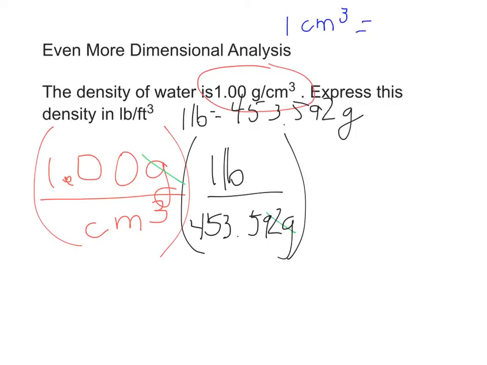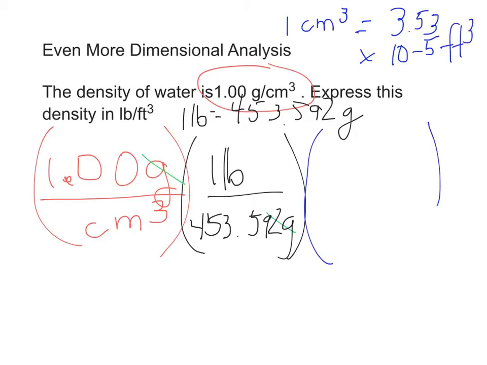is equal to 3.53 times 10 to the minus 5 foot cubed. So we can use this as our next conversion factor. Again, we want to cancel it out so that centimeters are going to cancel with centimeters.